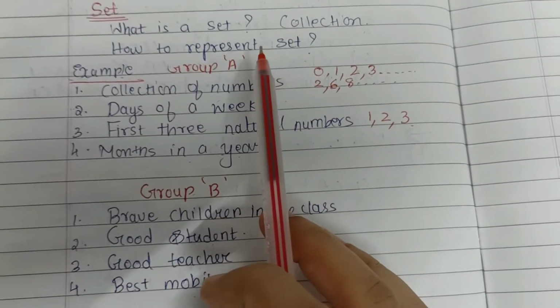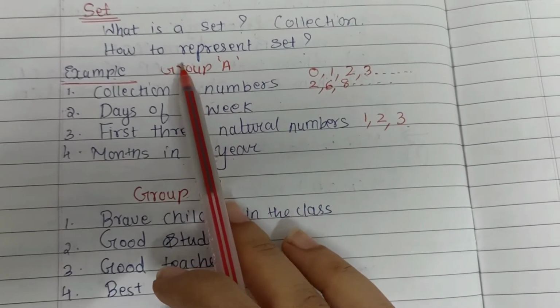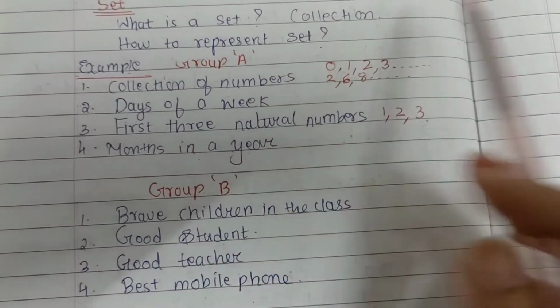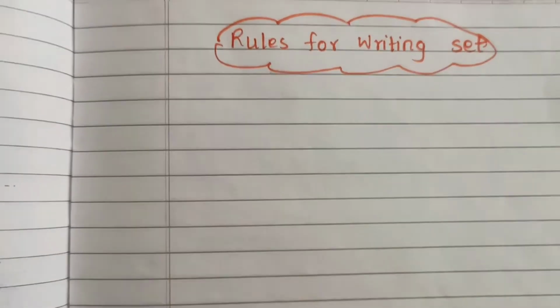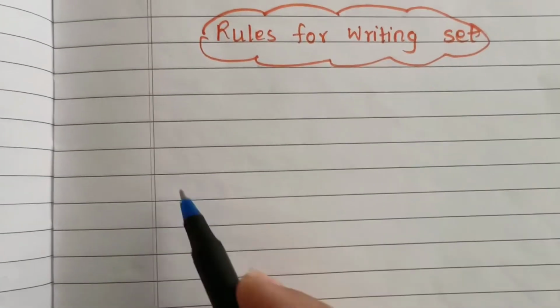Again, a very important concept, because in this whole chapter you need to understand how to represent a set. There are certain rules. Let us see what those rules are. We'll learn the rules for writing a set.